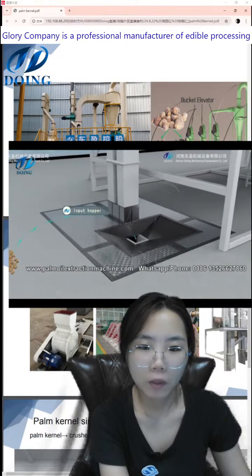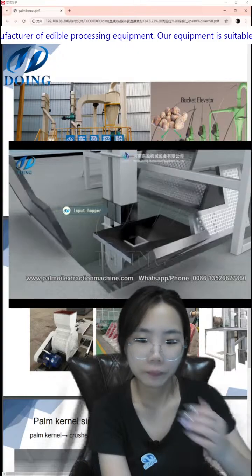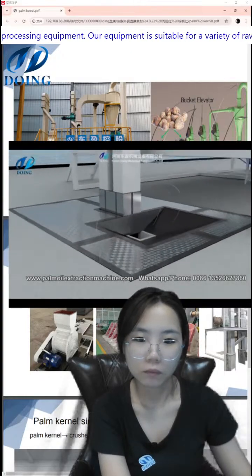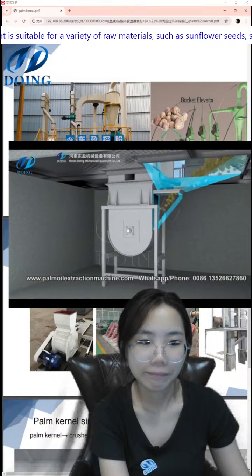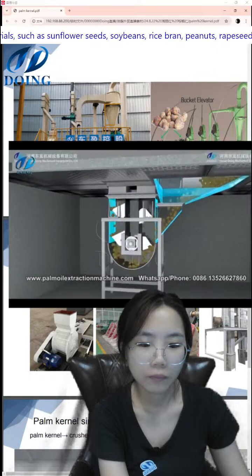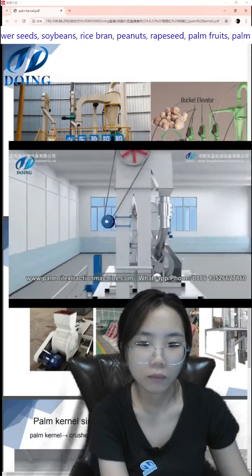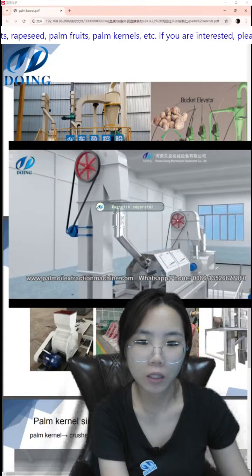The palm kernel, palm nuts enter the bucket elevator. This is a magnetic separator.